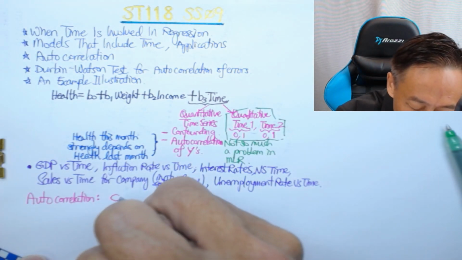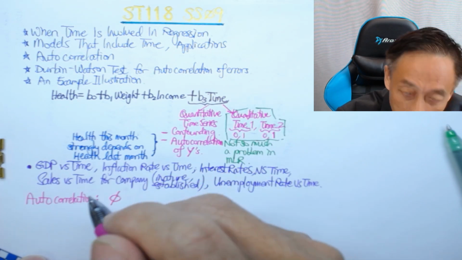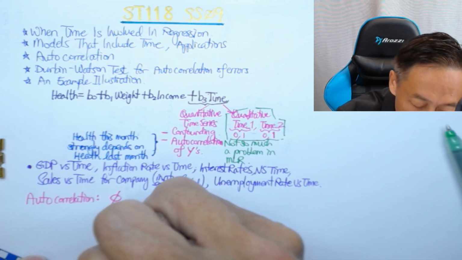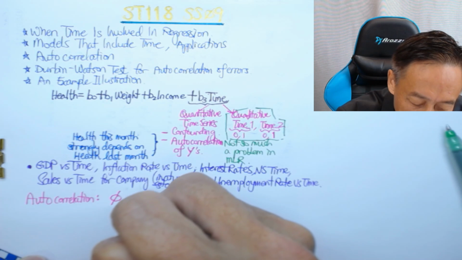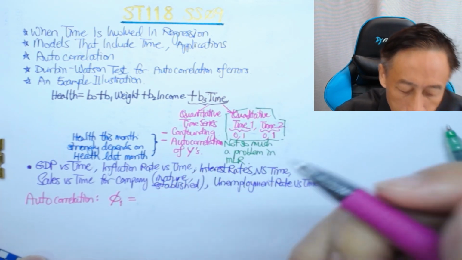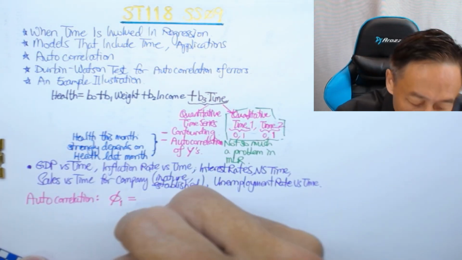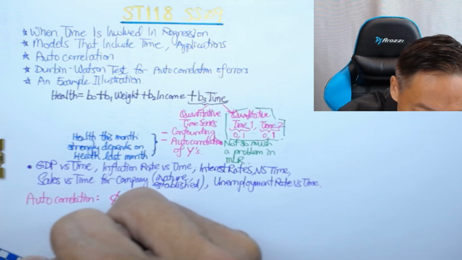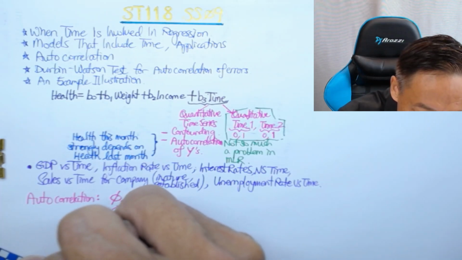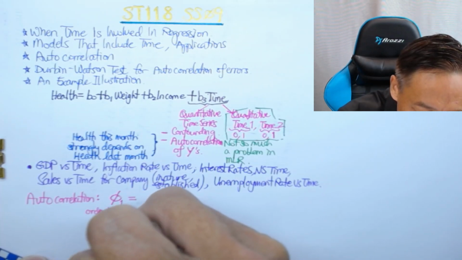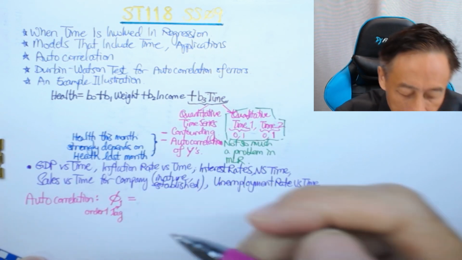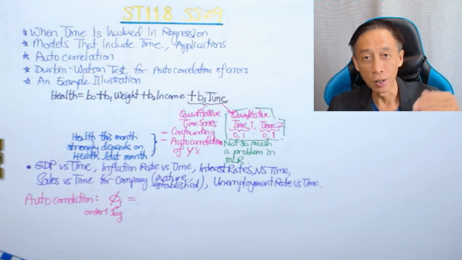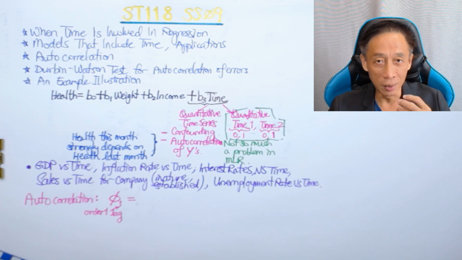So if we talk about phi 1 as autocorrelation of order 1, order 1 lag. And lag means shift. My GDP this year depends on shift 1, order 1.